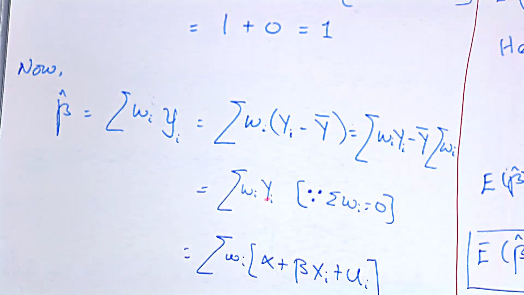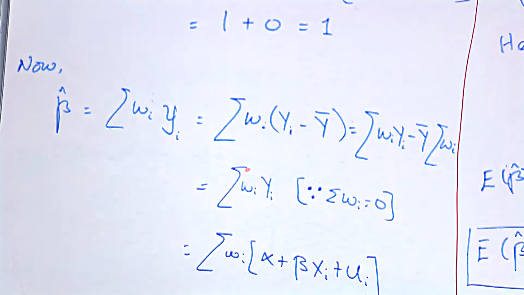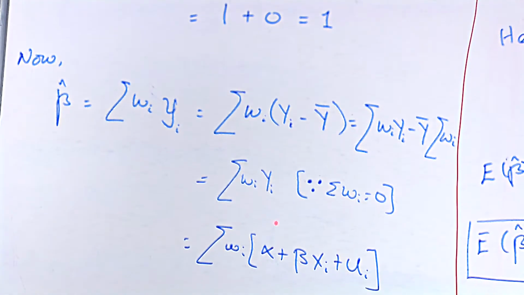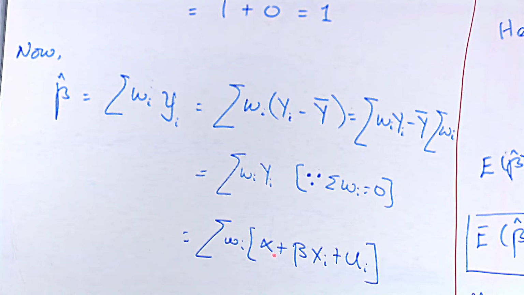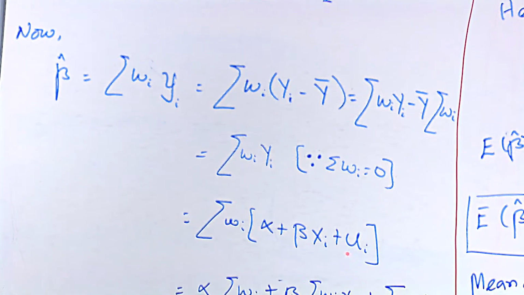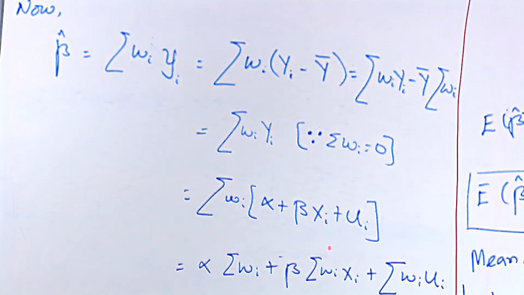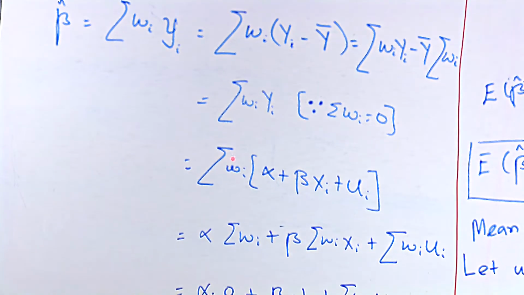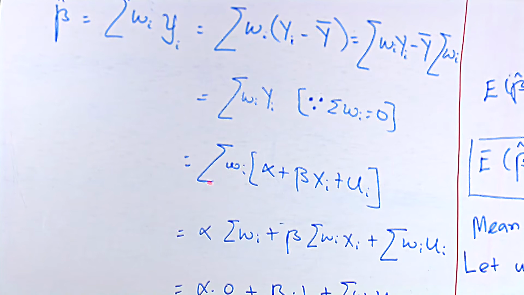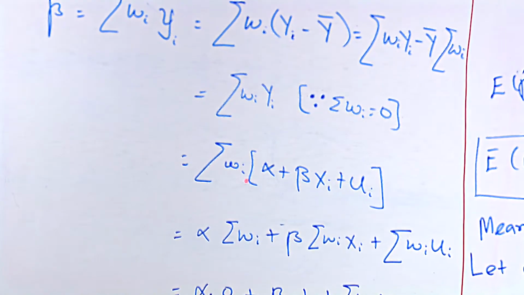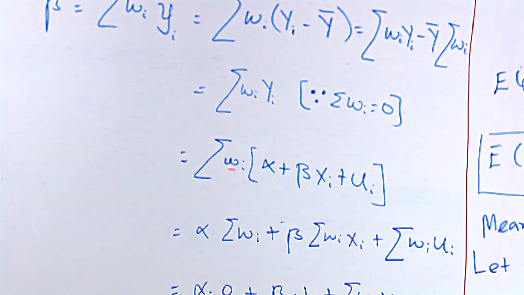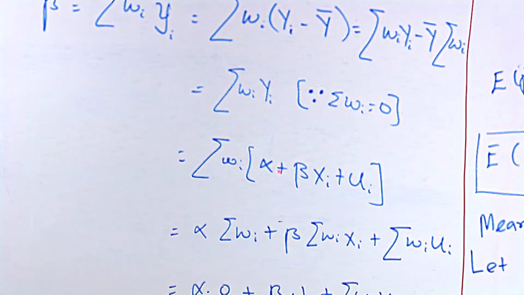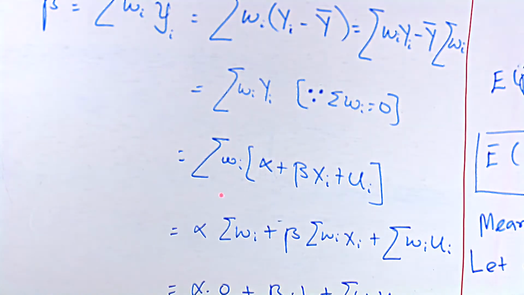Now we will substitute the value for capital Yi, that is equal to alpha plus beta xi plus ui from the original data generating model. So this is equal to sigma wi into that expression. We may multiply this wi inside and take the sigma.